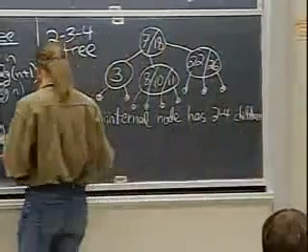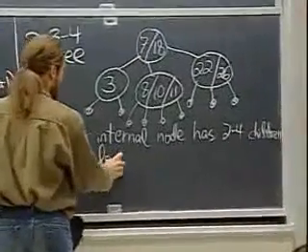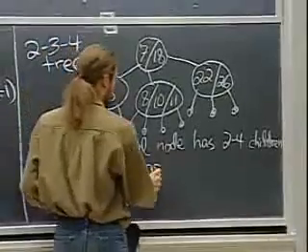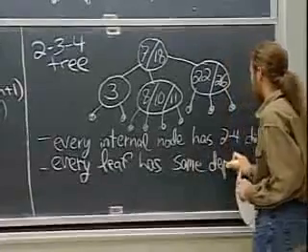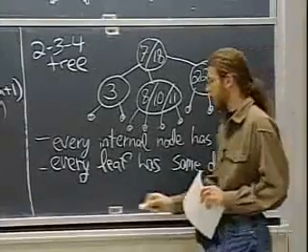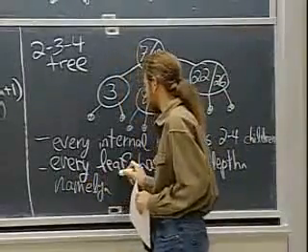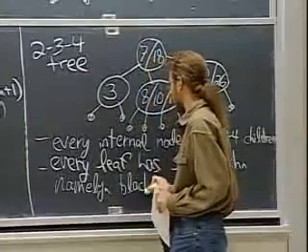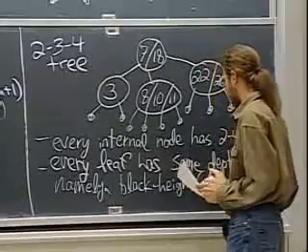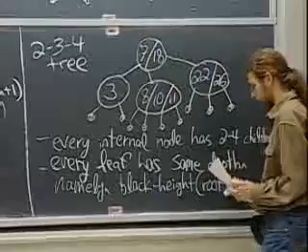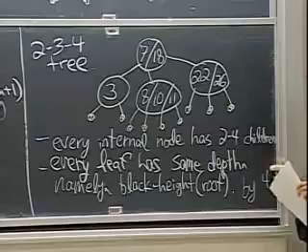And every leaf has the same depth, namely, the black height of the root. This is by property 4.